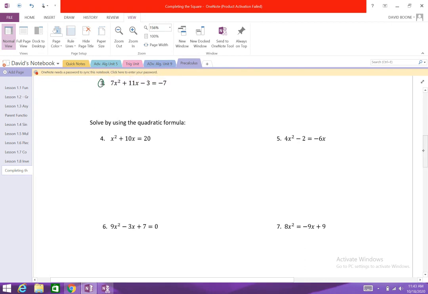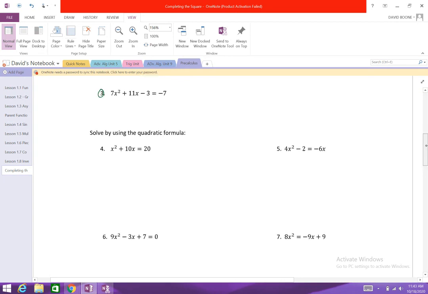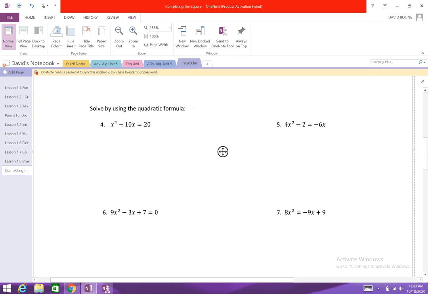Next group of problems are solving by using the quadratic formula. So if you don't remember what the quadratic formula is, it's x equals -b plus or minus the square root of b squared minus 4ac all over 2a.